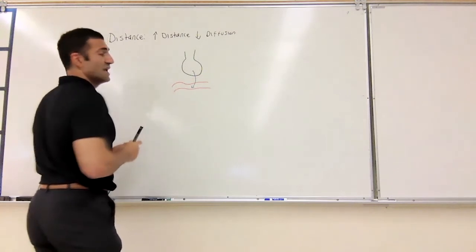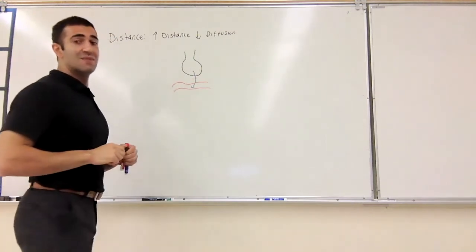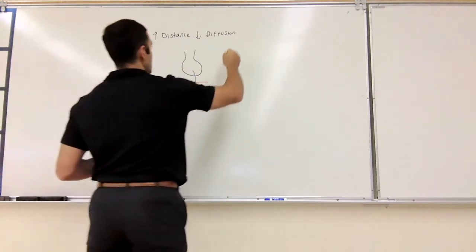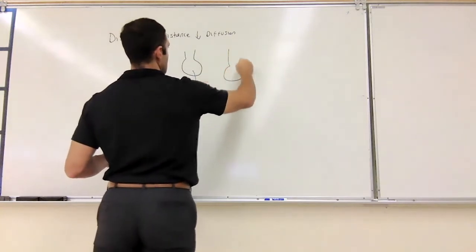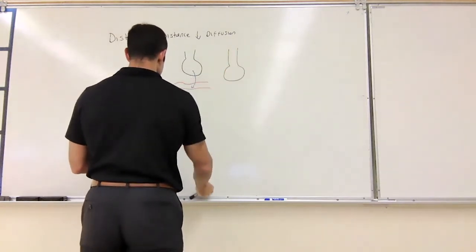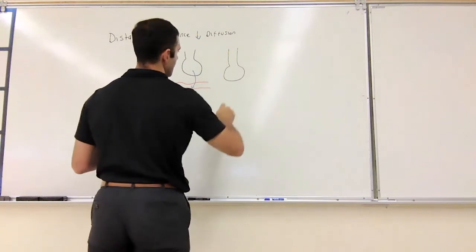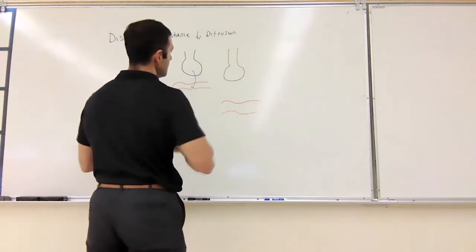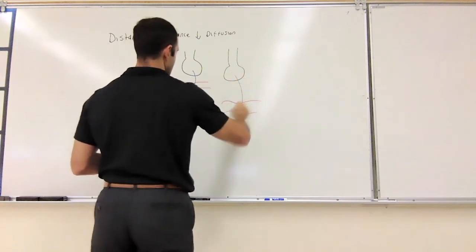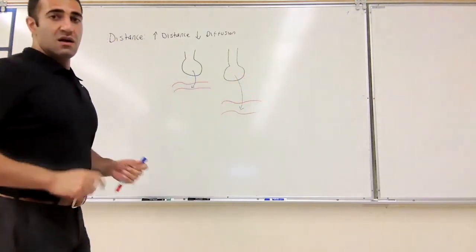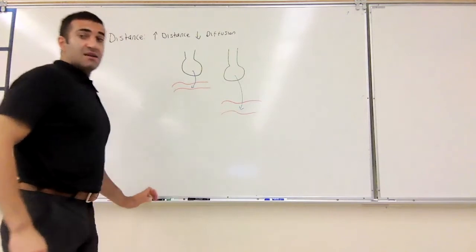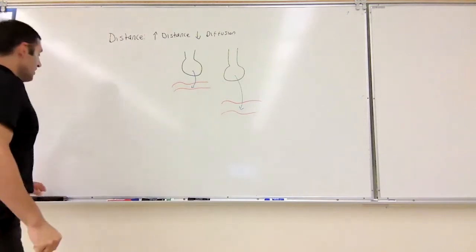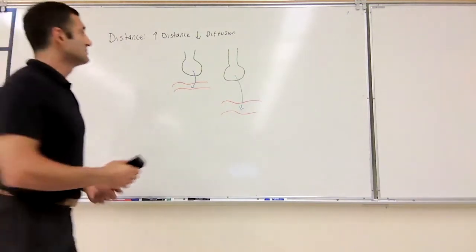But with edema, that space is actually going to grow. So it's going to look like this. And it's going to take longer to diffuse. So that is the main risk involved with pulmonary edema.